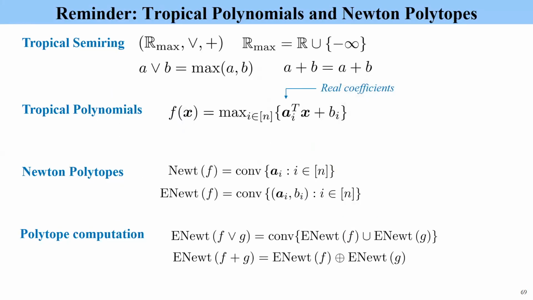here's a brief reminder. If we take the max of two max-plus functions, f and g, this corresponds to taking the convex hull of the union of their Newton polytopes. Whereas if we sum them, we take the Minkowski sum of their Newton polytopes. Okay, just a reminder.